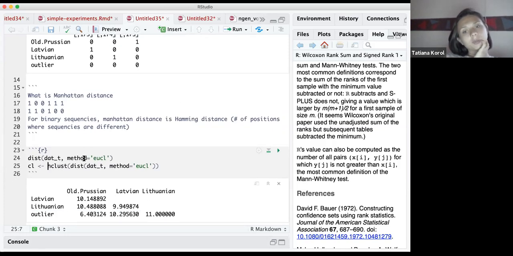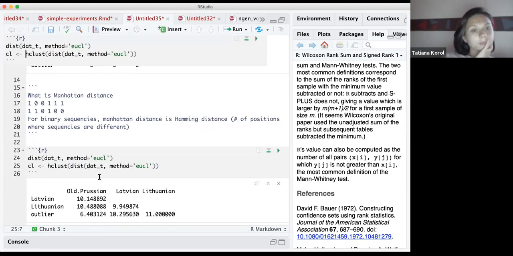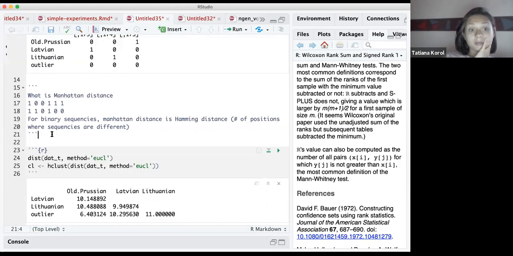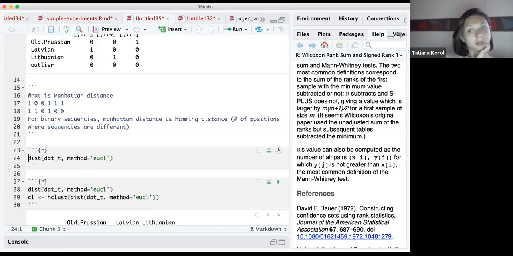For example, if we write Manhattan, the result between Lithuanian and the Lithuanian outlier, and, I don't know, the Latvian outlier, is much higher than by Euclidean distance.